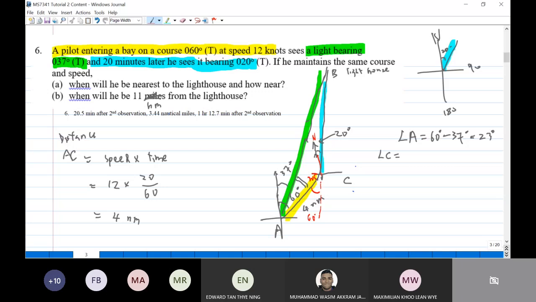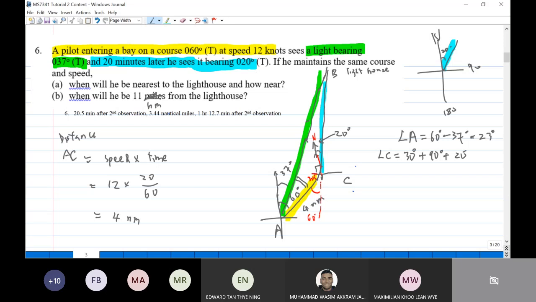So for angle C, there are three angles. One of them is the 30 degrees. You can see it there, 30 degrees, from 90 minus 60.